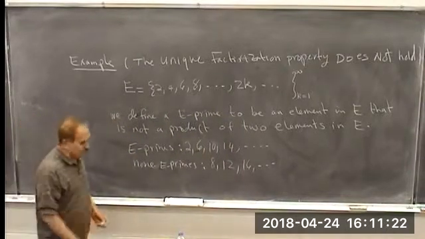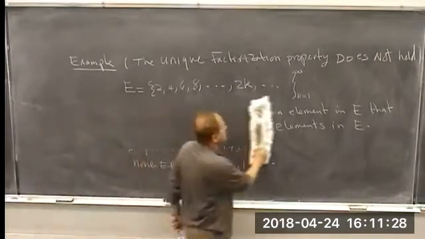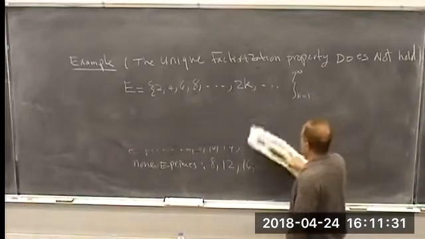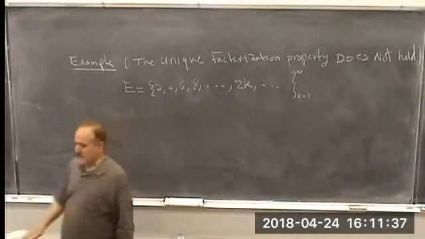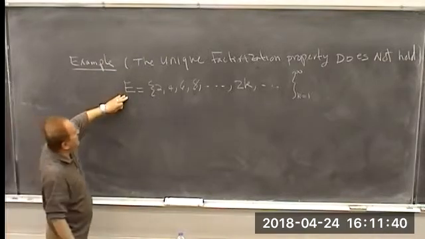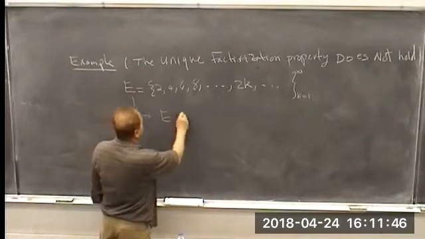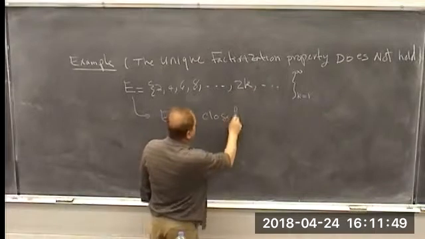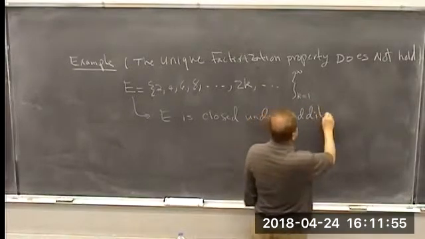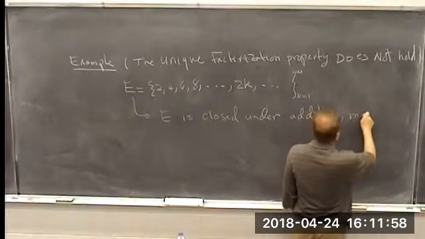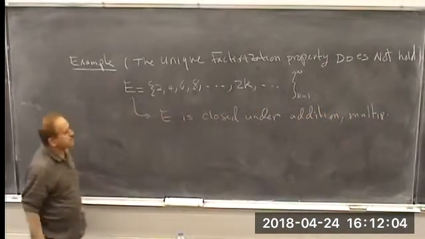Now, it is not hard to show that this set E is closed under addition. It means if you take any two of its elements, you add two even numbers, you come up with an even number. And if you take any two elements from here and you multiply them, you come up with an element from here. So we express this by saying that E is closed under addition and multiplication.